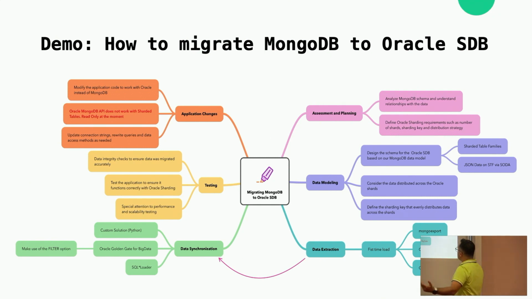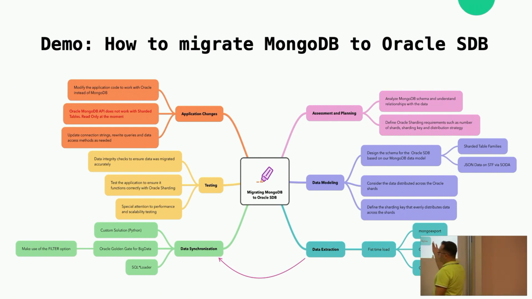Then of course part of the solution was data modeling, which means we have to see how we play with the geographical locations of the data, how we do the data modeling, which partitions go to which particular locations, Canada, South America, South Africa, and things like that. That's done.